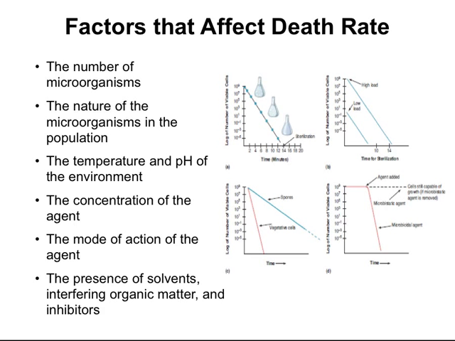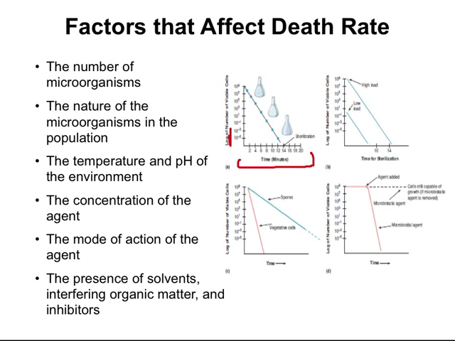On the right side here, you can see a few graphs representing these factors affecting death rate. First of all, the longer the time, the greater the degree of microbial death we're going to see. Now, this is an exponential curve really, but it's graphed in a logarithmic function, so it looks like a straight line.